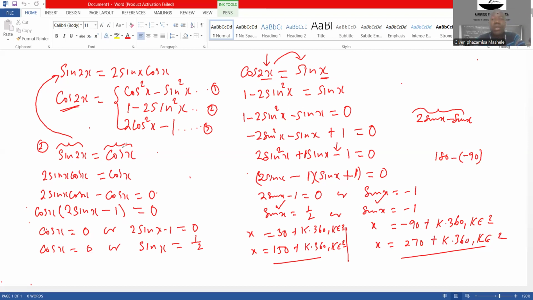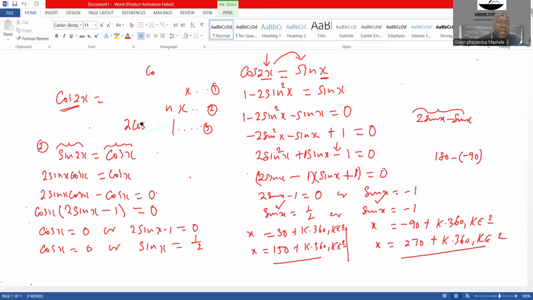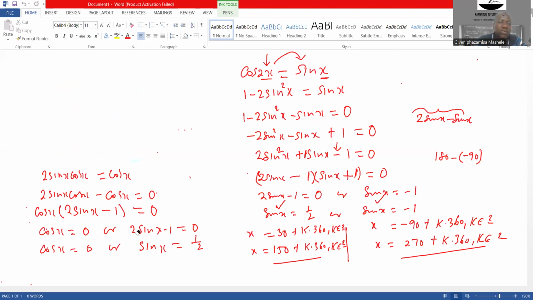Right, now I want us to proceed with other questions, particularly when we are solving expressions that involve compound angles. But before that, let's first do another example where we can actually talk about the cofunctions.